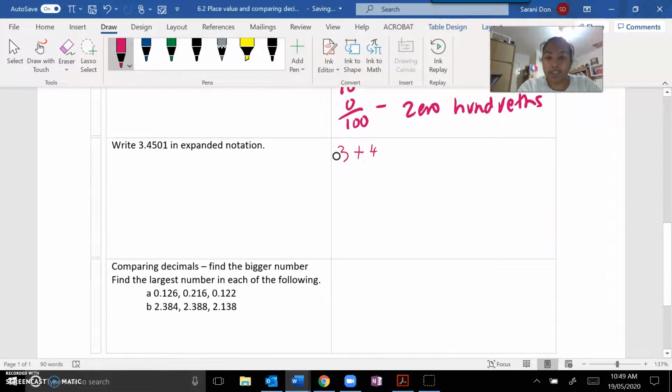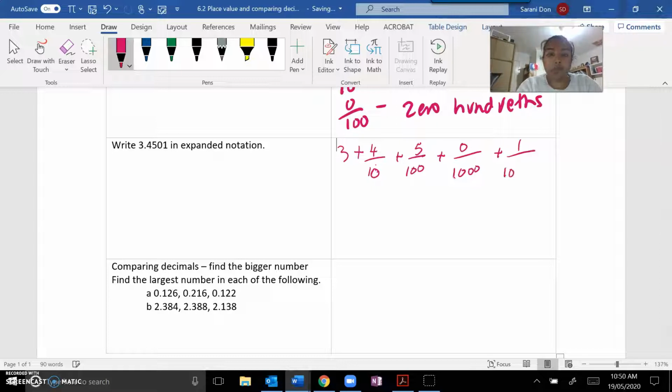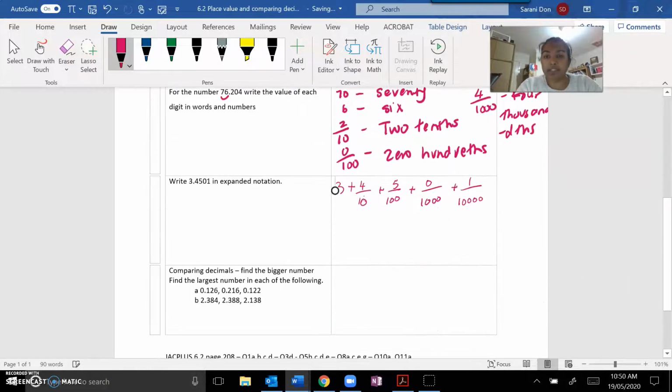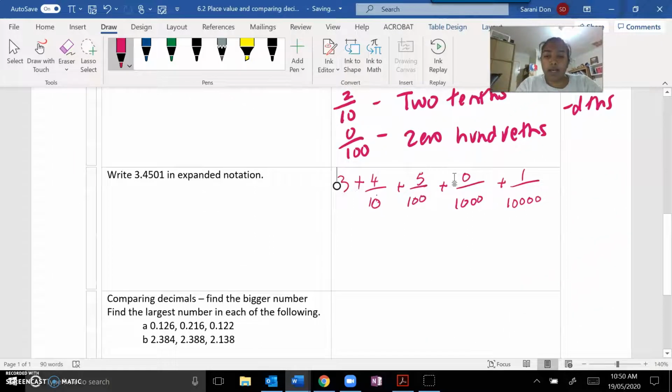So there's 4 tenths and 5 hundredths, 0 thousandths, and 1 ten-thousandth. So obviously I know 10,000 is actually on here. Yes, it is. This is the last one. So that's how you kind of write it out in numbers.